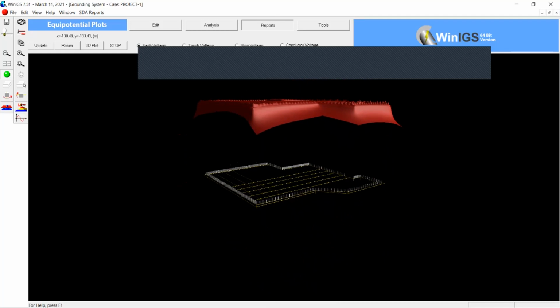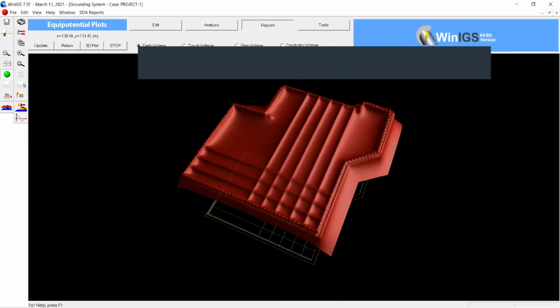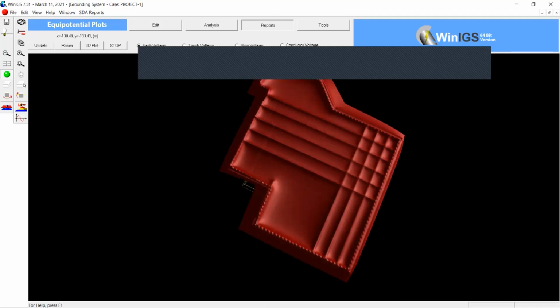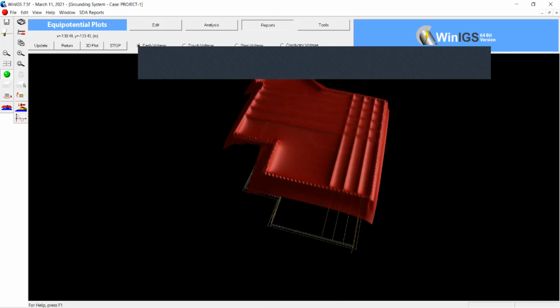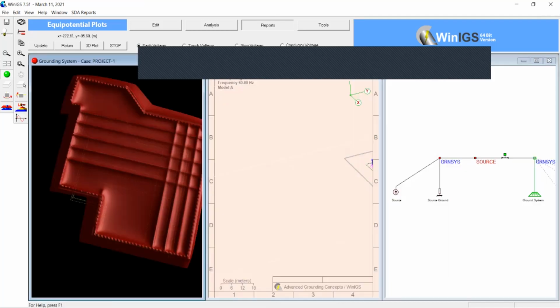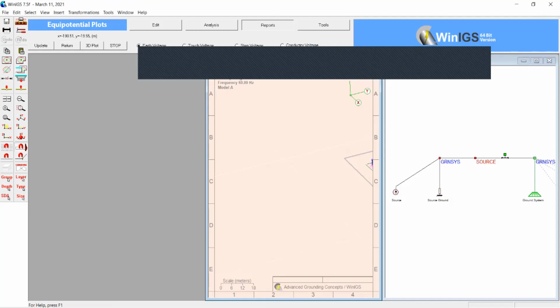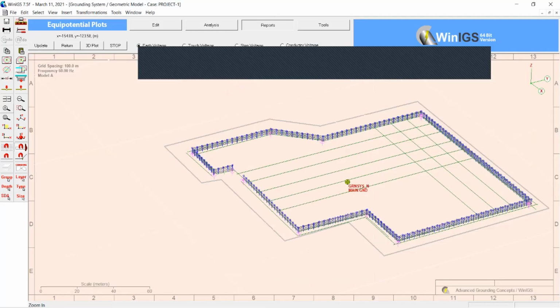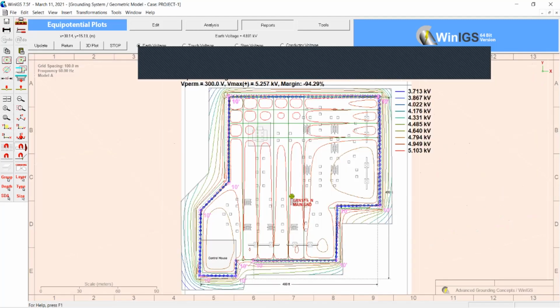This is the grounding grid, these are my conductors and fence, and this represents the potential. Where the spike of the potential is, you can see from here. You can have this, then close it and go back. This also you have to copy and paste, and keep it.